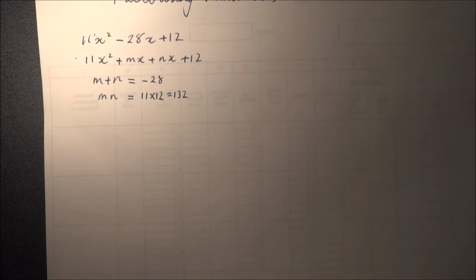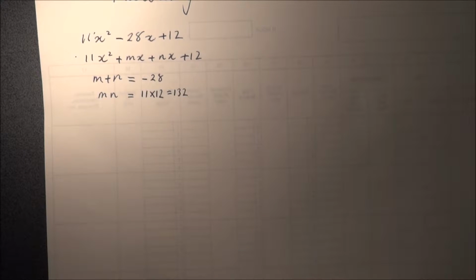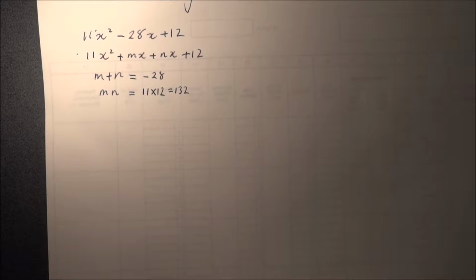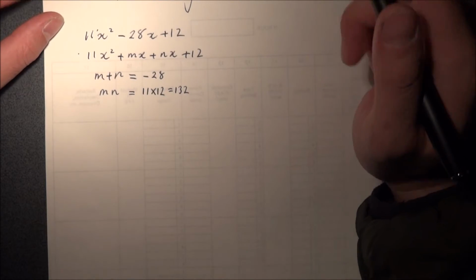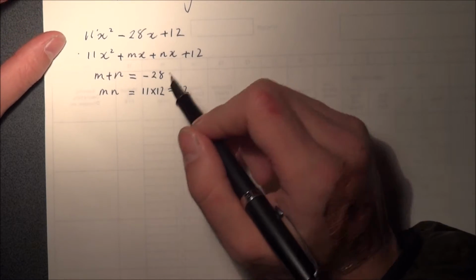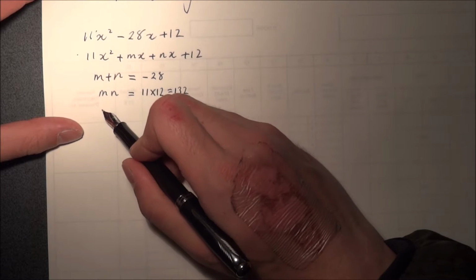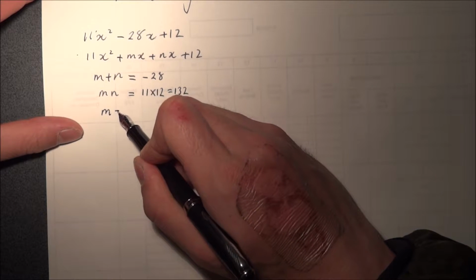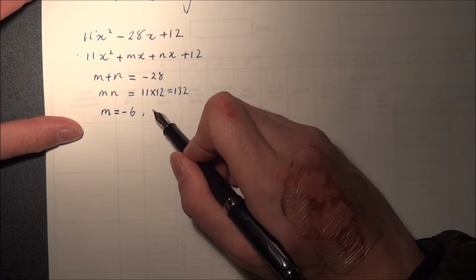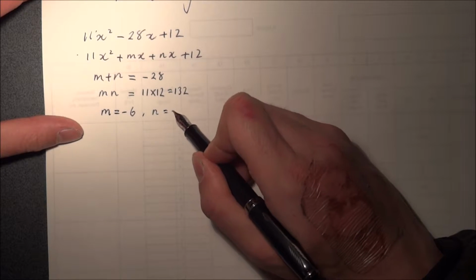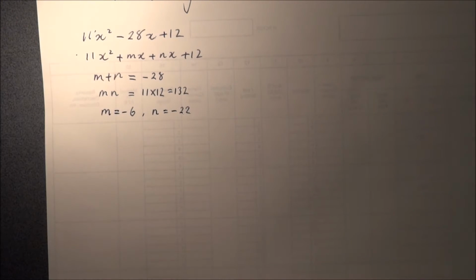So there are in fact only two numbers that will satisfy these two conditions, and I would very strongly recommend you pause the video now and try to figure out what these two numbers are. Okay, so I hope you have found out that the only two numbers are negative 6 and negative 22.